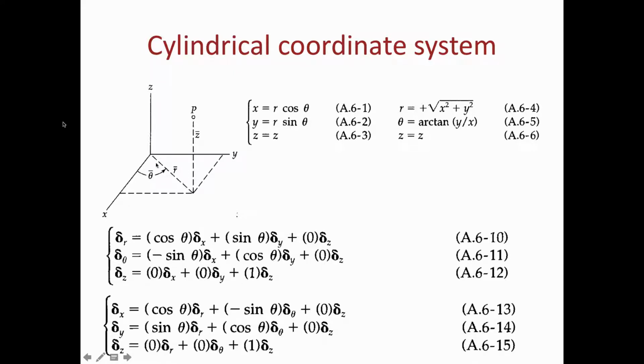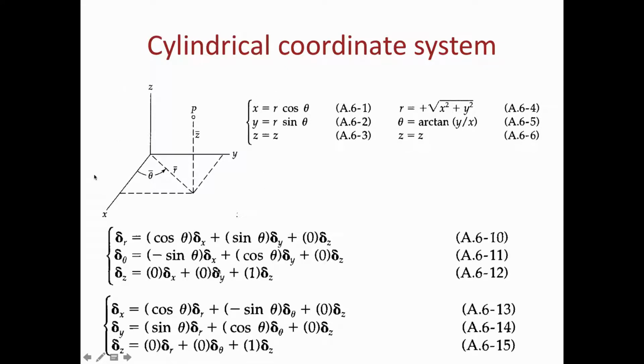In that world, this is a little right triangle. I know my Pythagorean or my basic trigonometry. Basically, my x coordinate is r cosine theta, my y coordinate is r sine theta, and z is equal to z. So that's what relates coordinates r, theta, z to x, y, z.